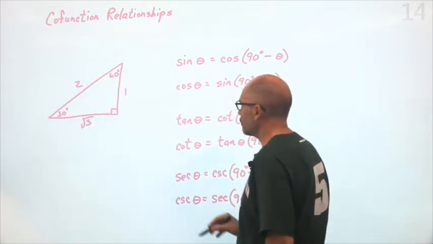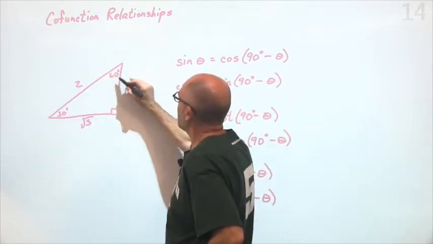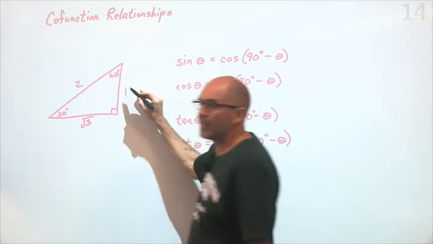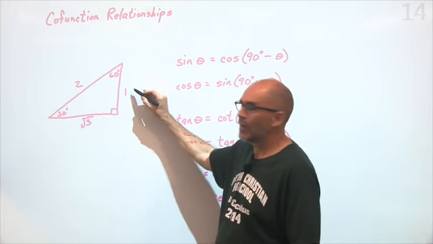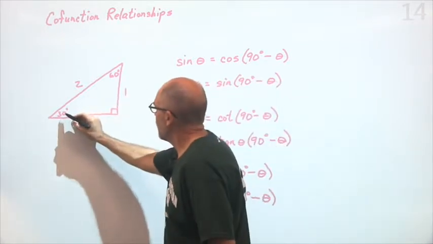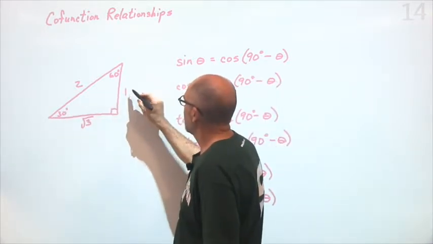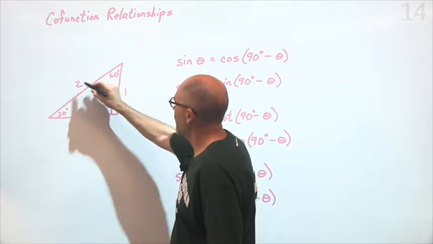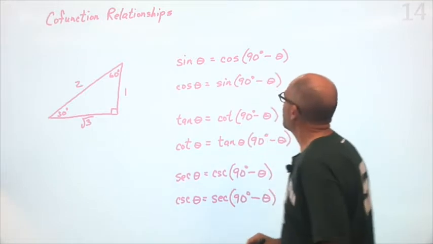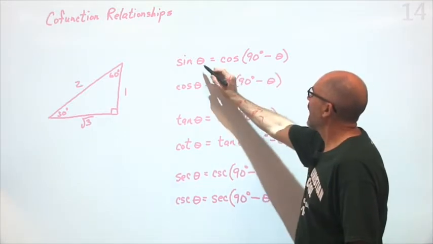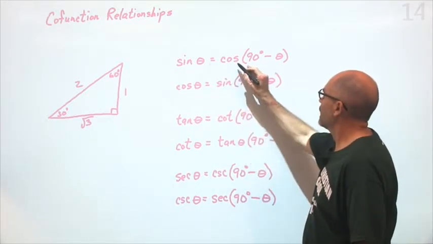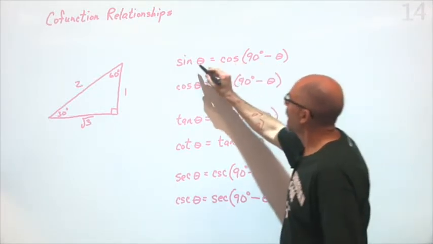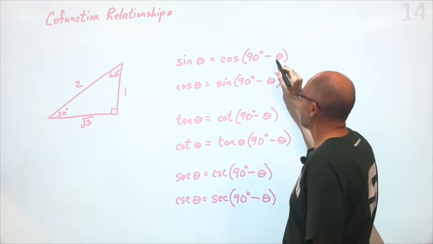Now, if I look at the 60-degree angle, the 1 is now the adjacent side. So from the 30-degree angle, 1 is opposite. From 60 degrees, 1 is adjacent, and they have the same hypotenuse. So what that says is that sine of any angle will be cosine of its complement. So sine of 30 equals cosine of 60.